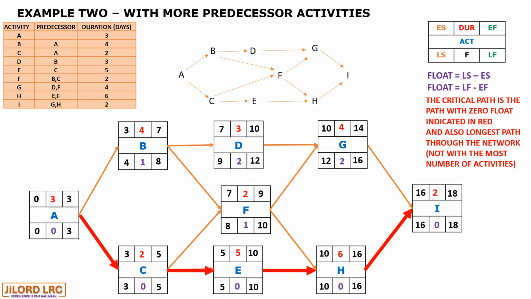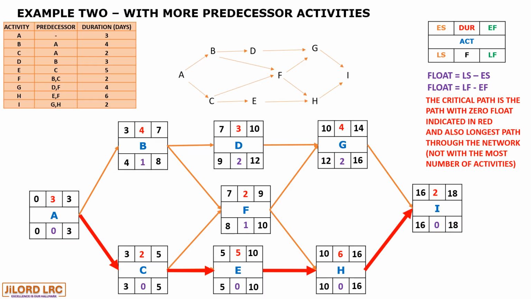So their float will be 0. Now for the other activities, B, D, F, and G, they will have different float values. So let's look at them.